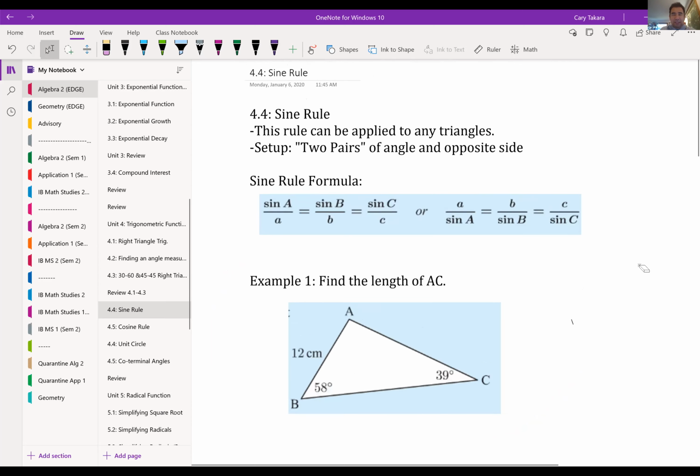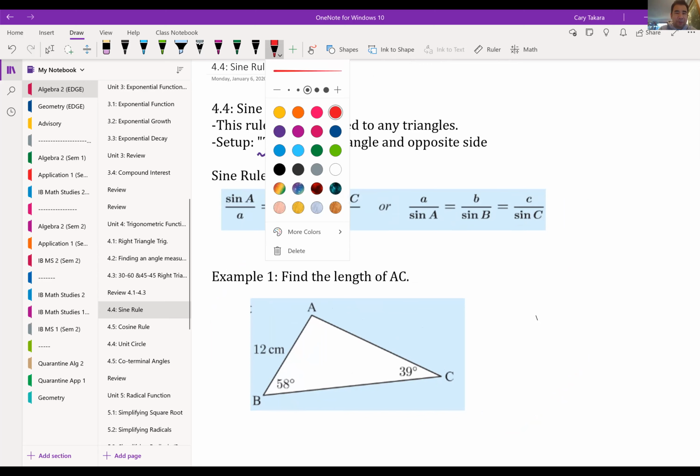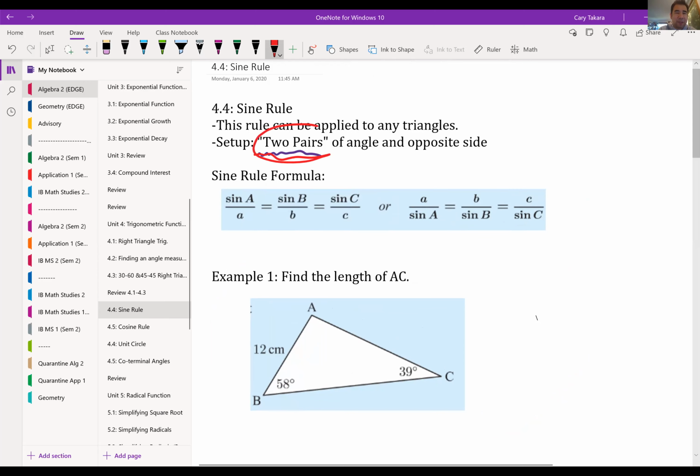Well, it's because the setup, and I explain to my students every year when I teach sine rule, is the keyword 2 pairs. Well, 2 pairs of what, right? 2 pairs of an angle and opposite side. So let's take a look at example number 1.